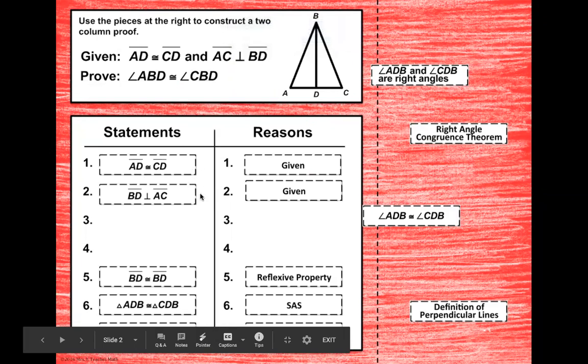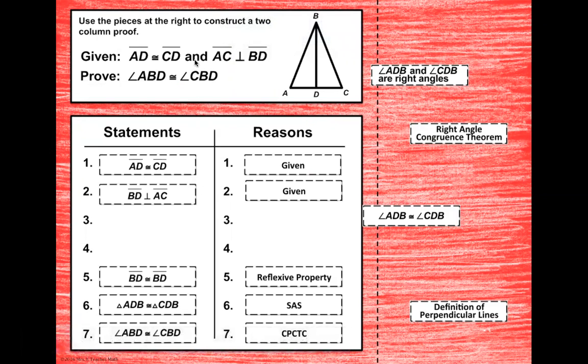That's why we have to start with a given, because that is what was told to us to get us started. So we've said that these lines are congruent, AD and CD, and then we've said that AC is perpendicular to BD. Which of these two facts is the best one to come after perpendicular? That they're congruent or that they're right angles?